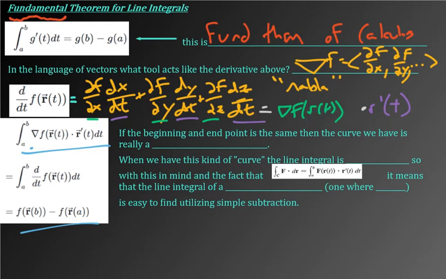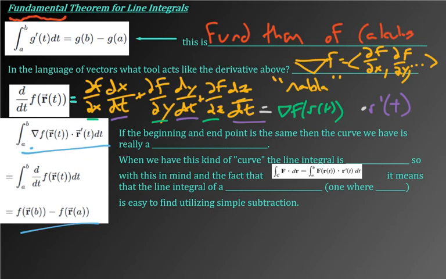So then, if I take this thing and pop it in here, this and this are equal. Put it in there, take an integral from a to b, dt, you get this.